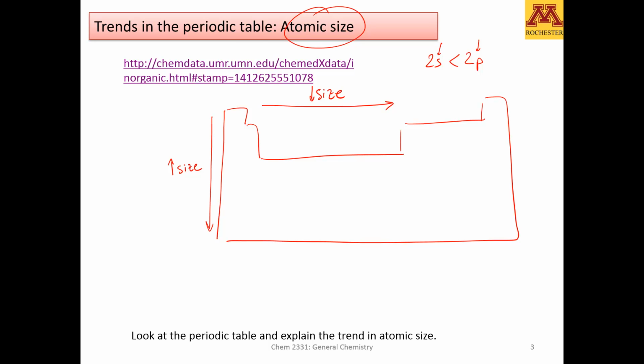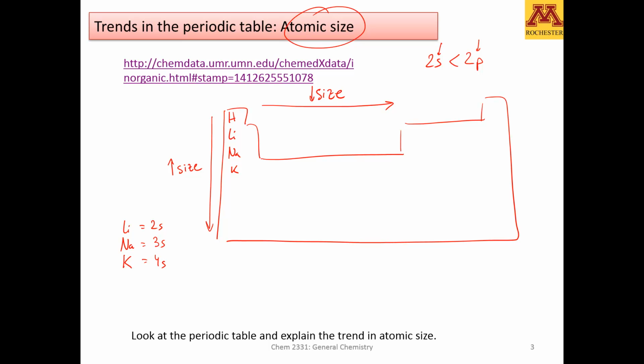So in this course, it will not be enough to remember this trend. What is important is to understand why that happens. For example, if this is hydrogen and then lithium and then sodium and then potassium, why is it that as you go down the periodic table the size increases? Well, notice that in lithium the valence electron is in the 2s, in sodium the valence electron is in the 3s, in potassium the valence electron is in the 4s.